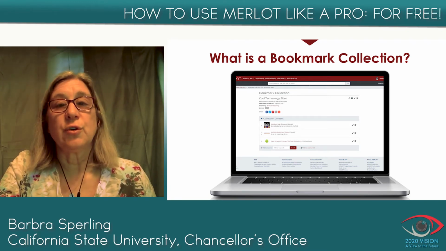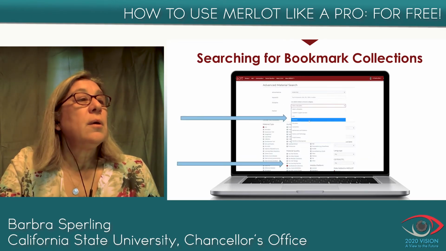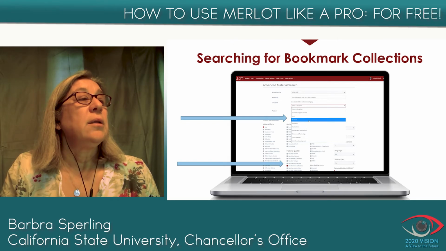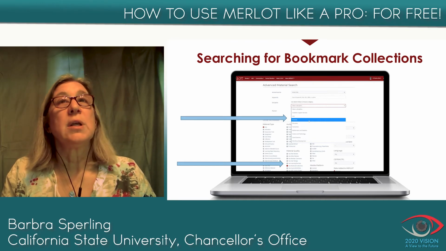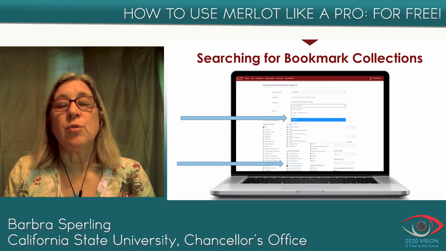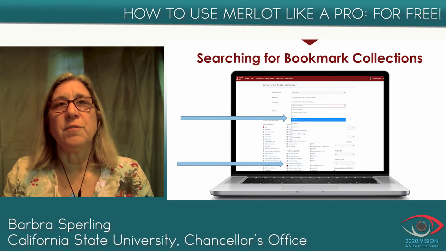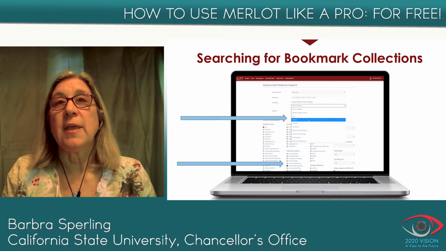You can also search for a collection. So here I can specify a discipline, and then you'll see down here under material quality says has bookmark collections. And I like to think that if you find materials in MERLOT in your discipline and you notice that it's in 3, 10, 40, 50, whatever the number, different bookmark collections, that adds value to it.